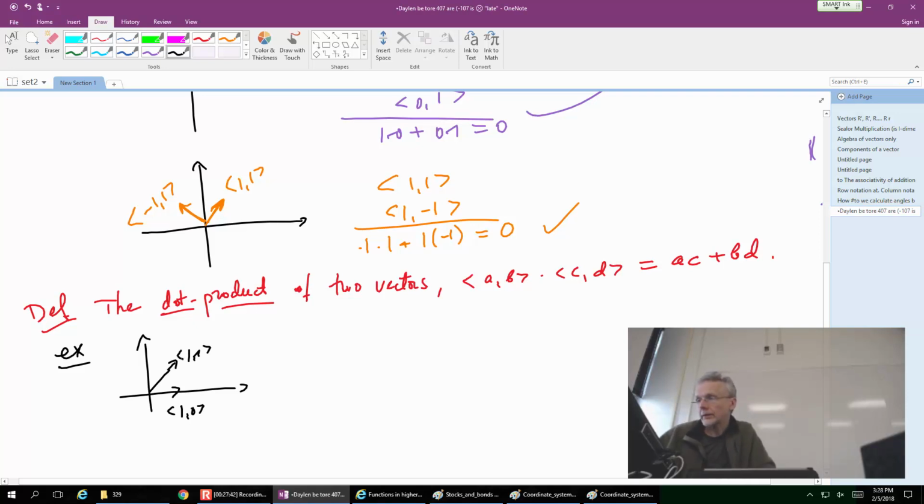So I take the dot product. 1, 0 dot 1, 1 is equal to 1. So what does it look like?